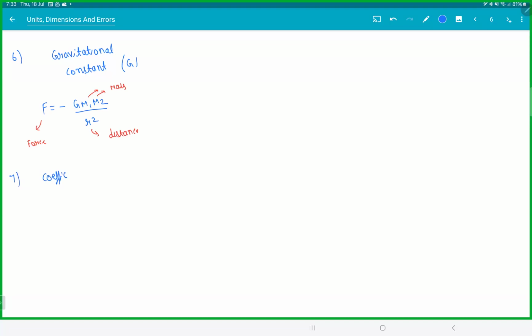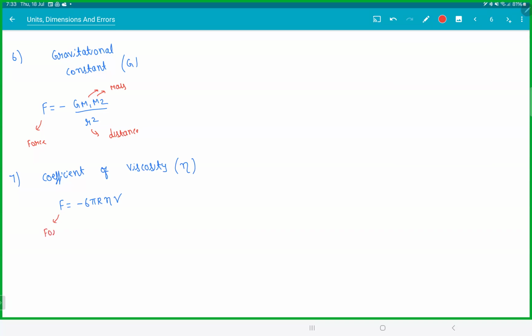Coefficient of viscosity. The symbol is called eta. The formula is F equals minus 6 pi r eta v. There are multiple formulas for it, and this is one of them.